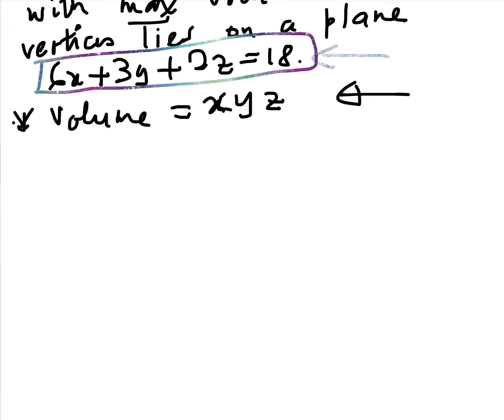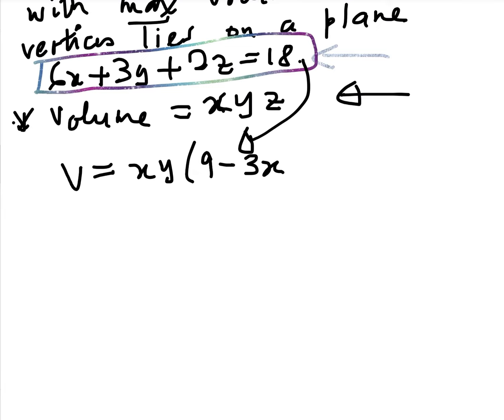So from that, the z coordinate can very easily be obtained to be 9 minus 3x minus 3 halves of y, so that the volume, let's call it V, will be x times y times, solving for z, 9 minus 3x minus 3 halves of y.